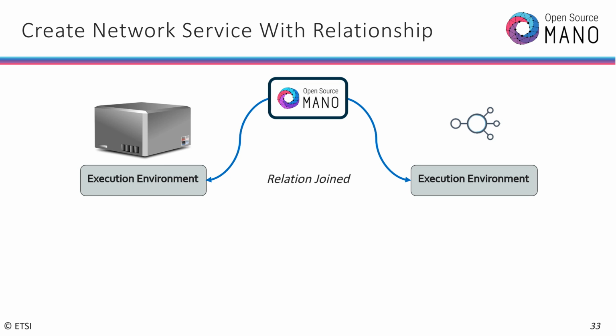Once the execution environments are created, they are the ones that are going to be aware of these relation events. So we have our PNF, it's already there. Our load balancer was just deployed as a VM, and the execution environments are created, and they will be receiving the relation joined event.